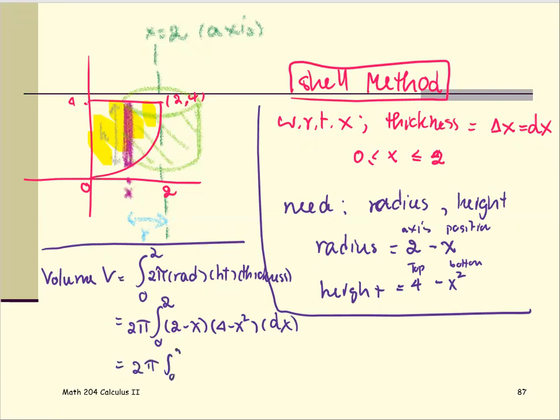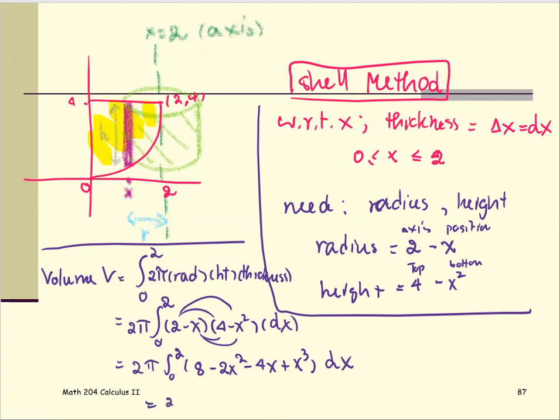Simplify the integrand by expanding this product to get the polynomial 8 minus 2x squared minus 4x plus x to the third power, with respect to x.